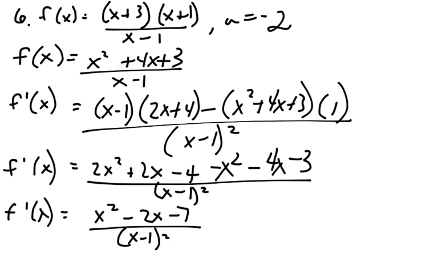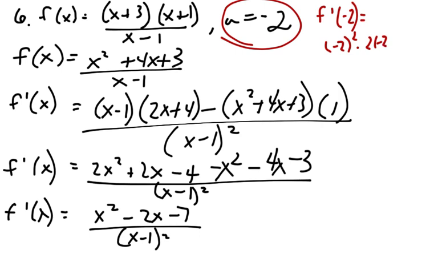Now we're going to find the equation of the tangent line at a equals -2. So I want to figure out what f prime of -2 is by plugging -2 in for x. Okay, so let's see.